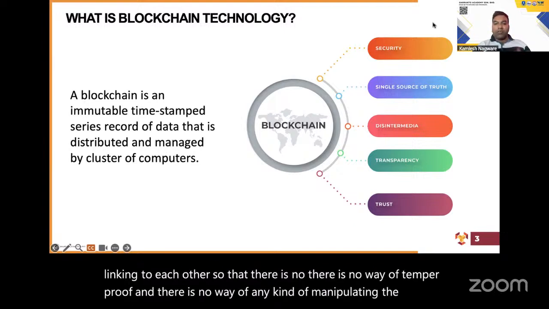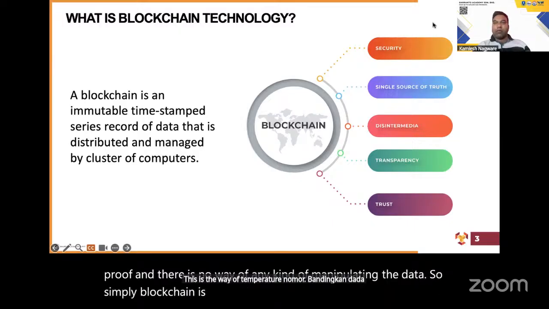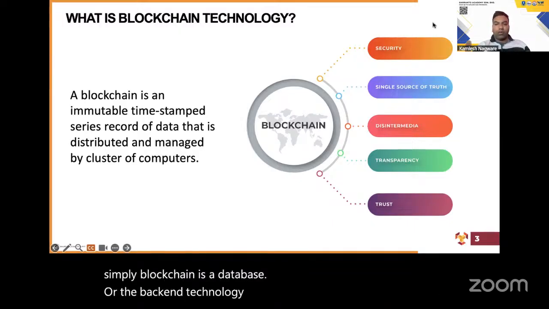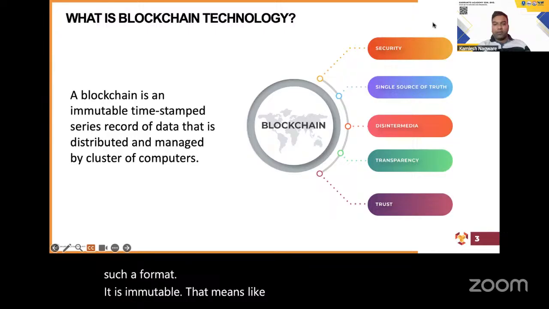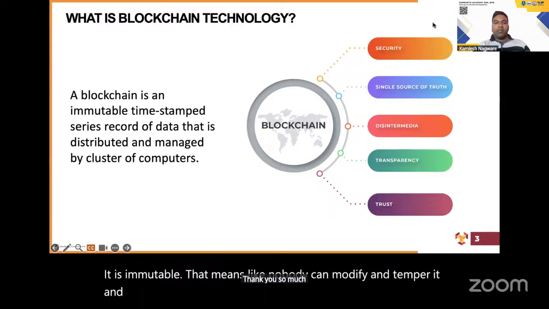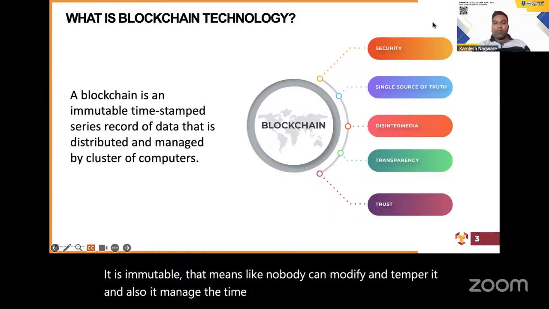So blockchain is simply a database or backend technology where you store data in such a format that it is immutable. That means nobody can modify or tamper with it, and it also manages the timestamp of when the data is inserted in blockchain.